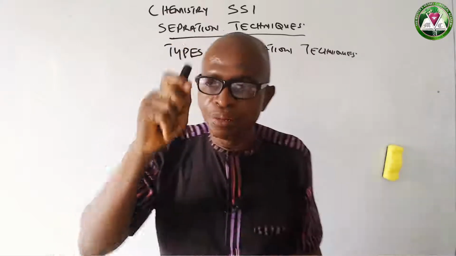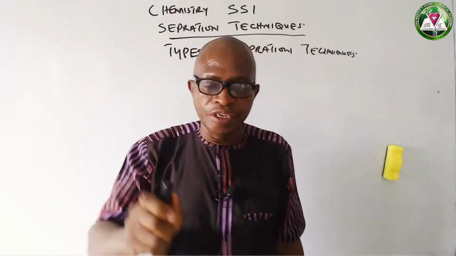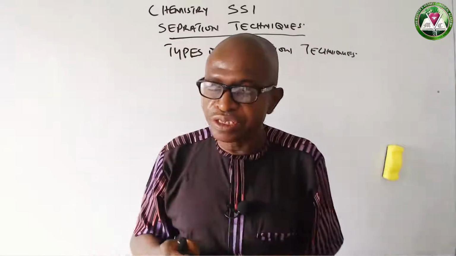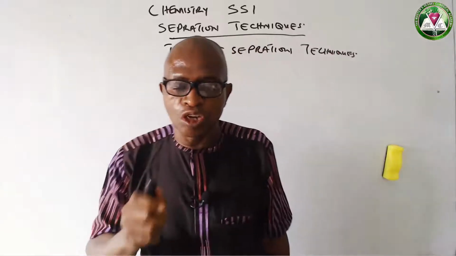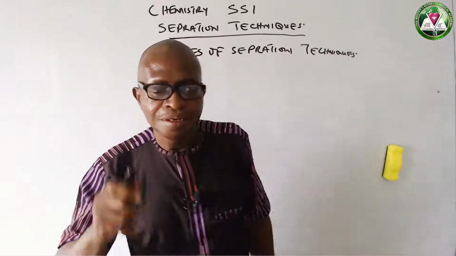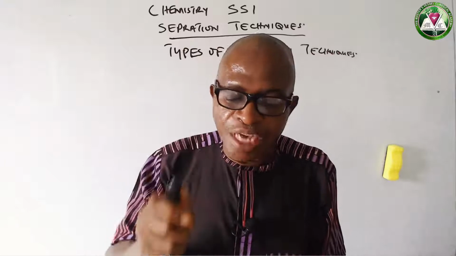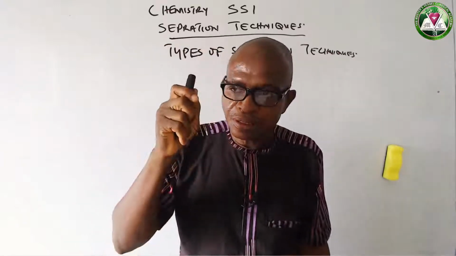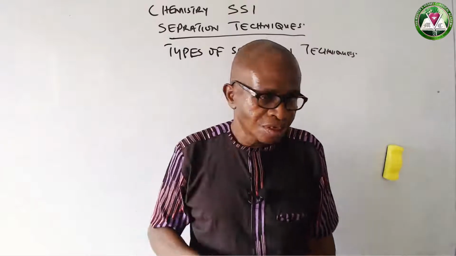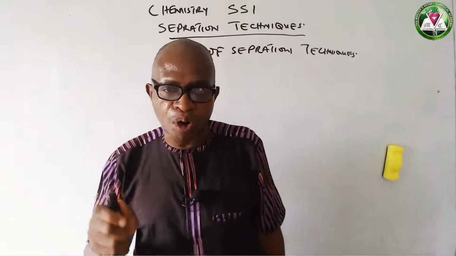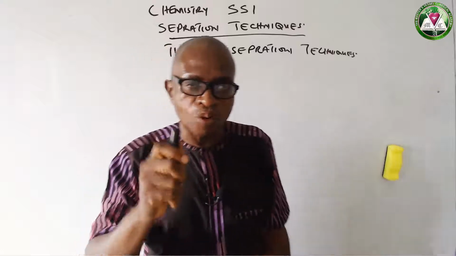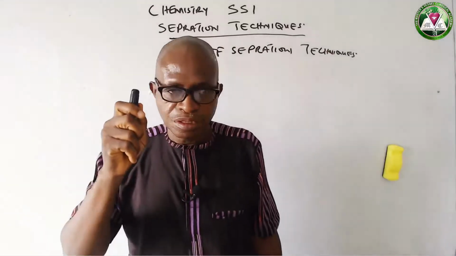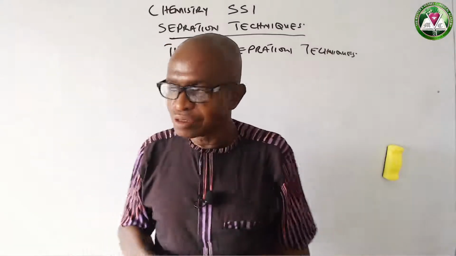Therefore, when there is impurity in a substance, we need to remove the impurity so that we can get the pure substance. There are some basic properties that help us to make effective separation. Some of the basic properties are: 1. Size of the substances that make up the mixture.